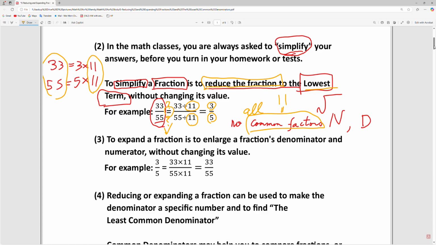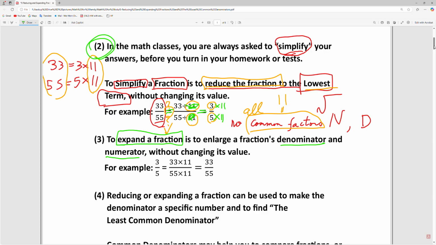Number 3, to expand a fraction. Let me change the color. To expand a fraction is to enlarge the fraction's denominator and numerator. If you take a look at the second example here, when you divide, they still equal. So how about you multiply back? If you multiply back, then they're supposed to be equal.